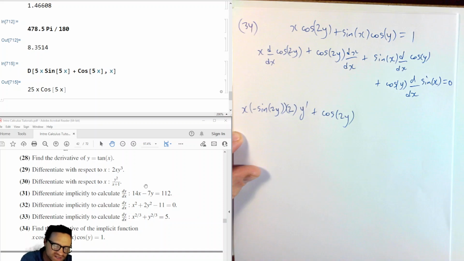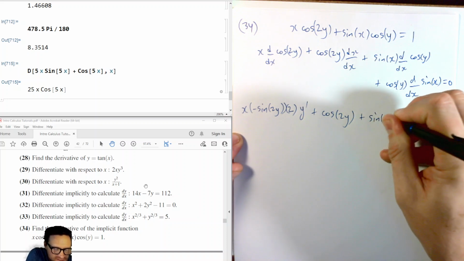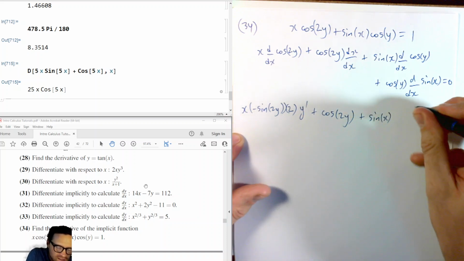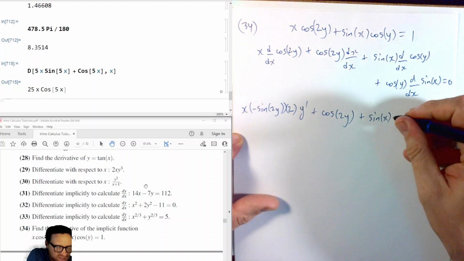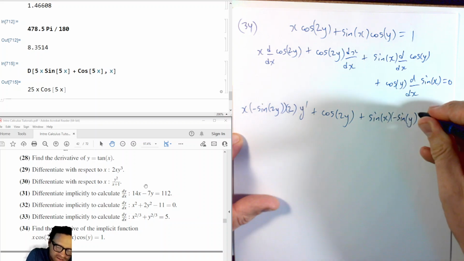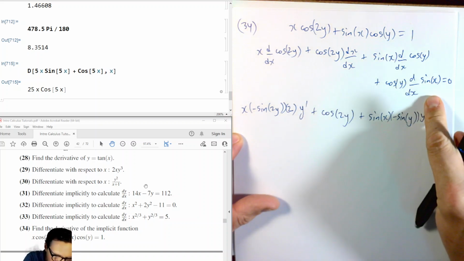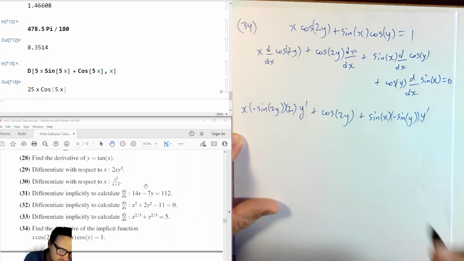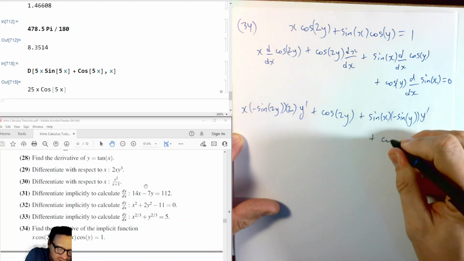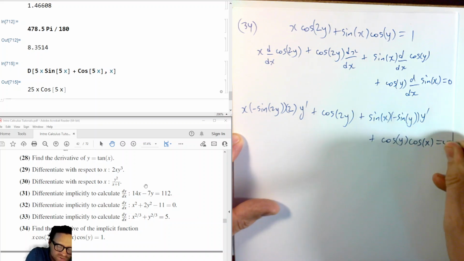And then over here we're differentiating cos of y with respect to x, so we need the chain rule. So this is plus sine x. Now the derivative of cos of y with respect to y is minus sine y. And then we need to multiply this by dy on dx, or y'. Okay, and then finally differentiating sine with respect to x gives us cos. We have plus cos y cos x equals 0.